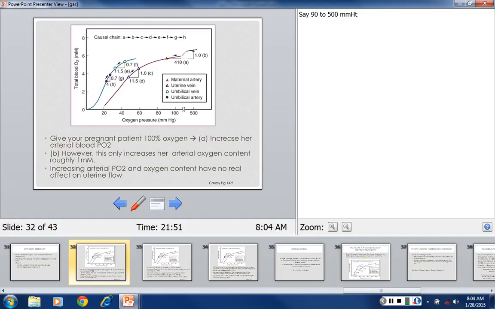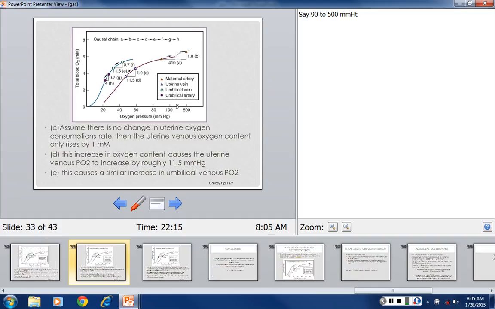However, if you look at this curve, it's only going to increase her arterial oxygen content roughly by 1. So despite that shift, remember, all the way up there's a leveling off. So at that point, you realize increasing PO2 and oxygen content have really no effect on uterine flow. So you do this, you're not going to change the blood flow that's getting exposed to the baby.